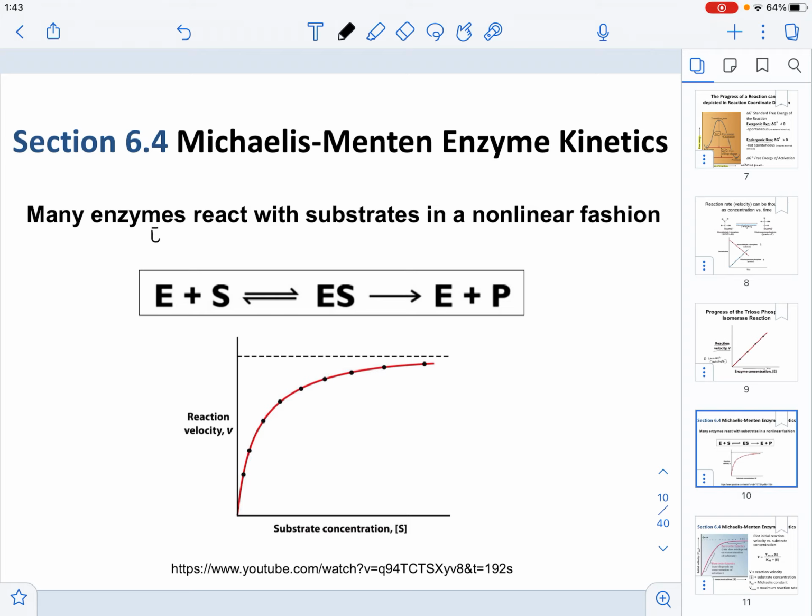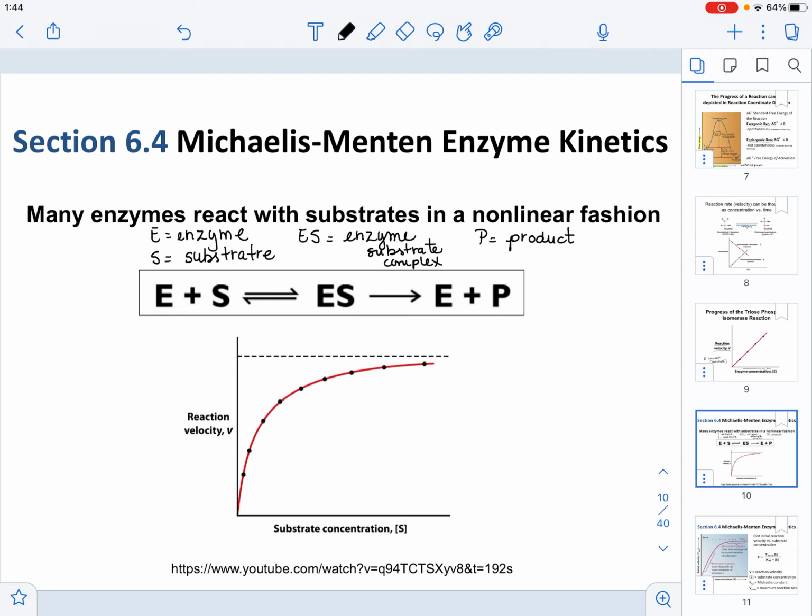The capital E stands for enzyme. The capital S is the substrate of the reaction. ES is going to be the enzyme substrate complex. And P is the product of the reaction.